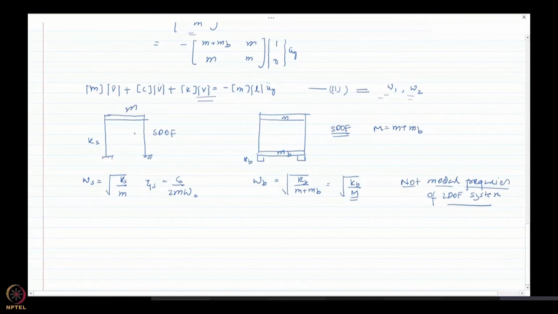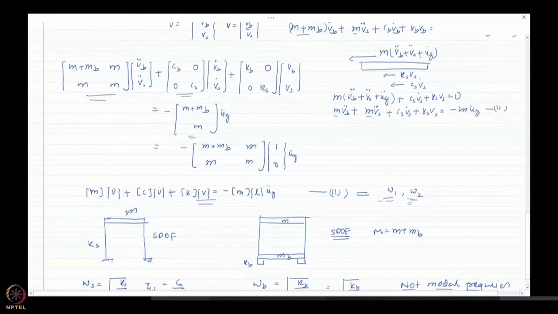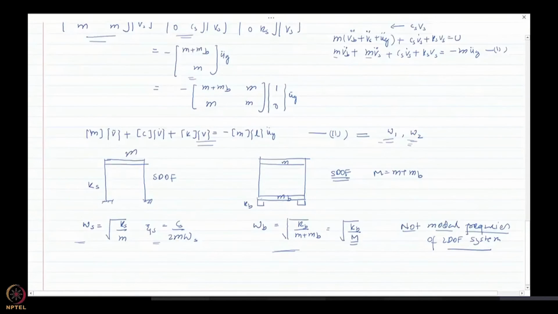The superstructure was considered as a single degree of freedom system, so we got this frequency, and then for the whole base isolated structure I again got a frequency. When we consider the 2 degree of freedom representation of the same building, we know that we will get frequencies omega 1 and omega 2. I don't know what these frequencies would be. What I have done below is consider two single degree of freedom systems.